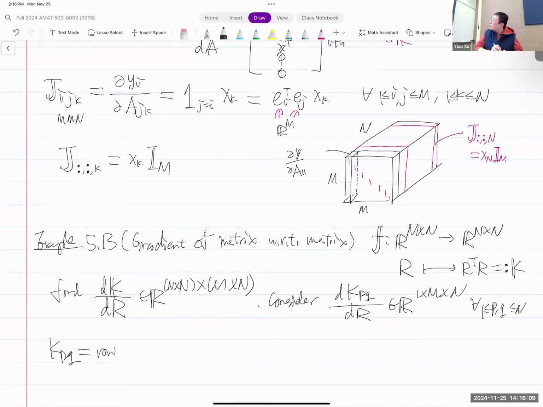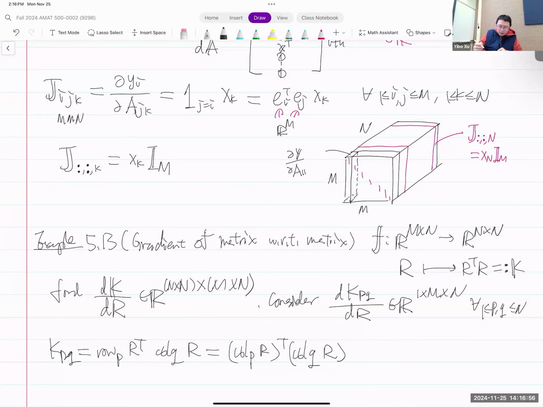So it's the pth row of R transpose multiplied by the qth column of R. Realize that row P of R transpose is actually column P of R, transposed, times column Q of R. If you are looking at the pth row, qth column of the pairwise inner product, it's the pth column dotted with the qth column.